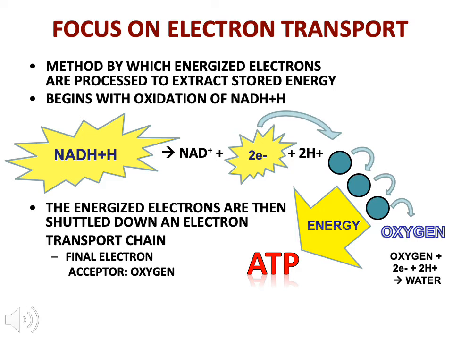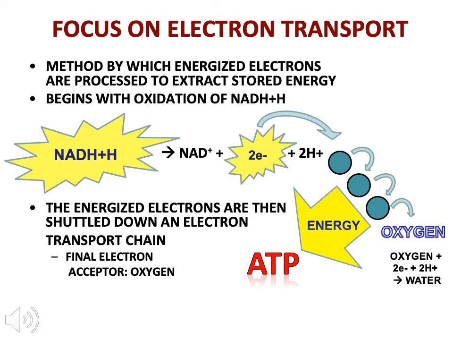Follow the arrow. All of a sudden, the NADH plus H is converted to an unenergized form, NAD plus. Technically, that's the oxidized form of NADH plus H. It's lost those electrons. Oh, I see the electrons over there, Dr. Canales.